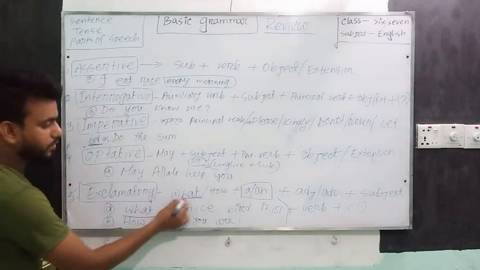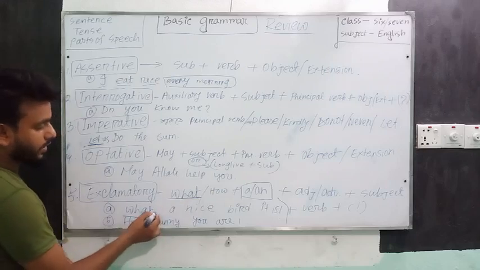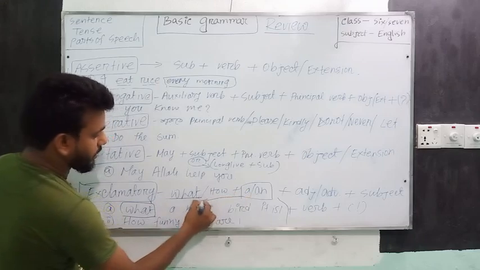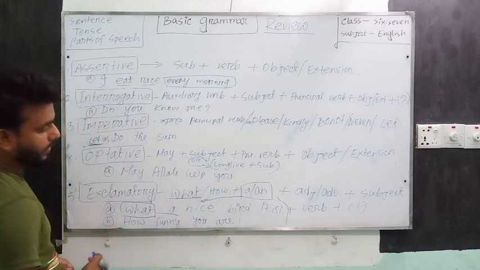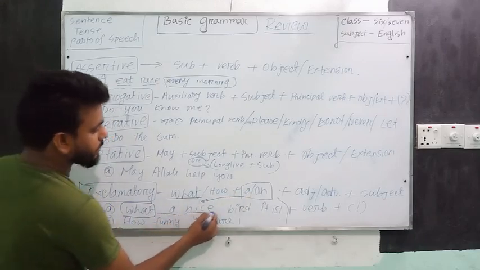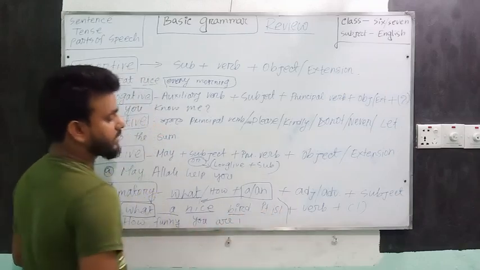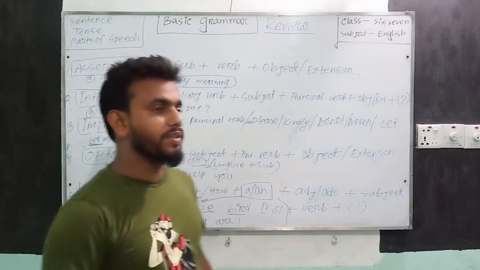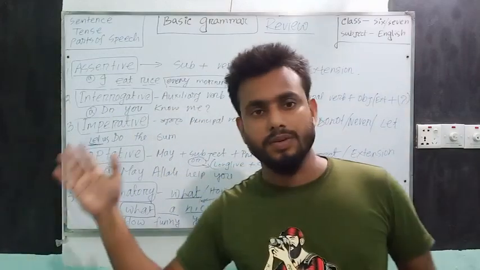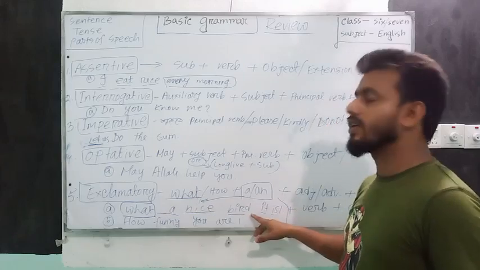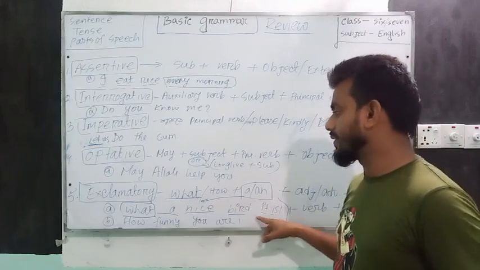The first word is What, and as usual we take a or an after it, plus adjective or adverb, object, subject, verb, and exclamation mark. Most exclamatory sentences have a verb at the end of the sentence. So this is an exclamatory sentence.